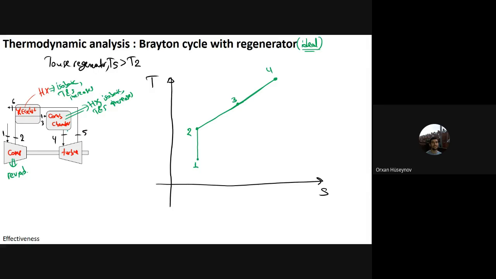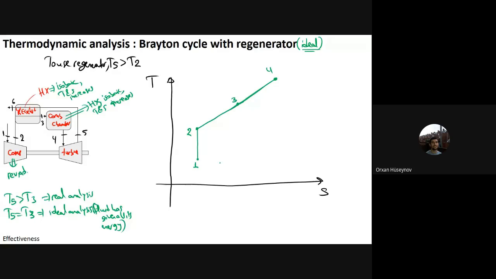For real analysis, T5 should be more than T3. So T5 greater than T3 is real, but for the ideal analysis, T5 is equal to T3. Ideal analysis means that the fluid has given all its energy.